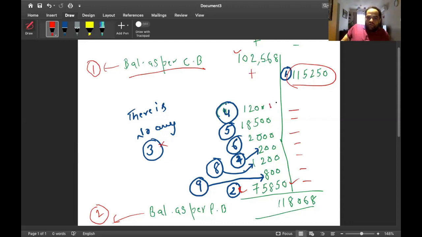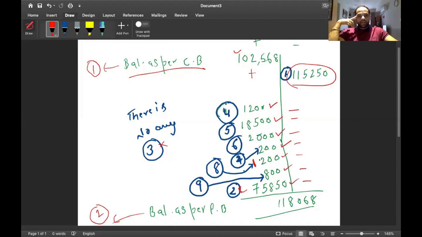So number 4 plus 5 plus 6, all about the payments for the check. And number 7, number 8, 1,200, right? Number 8 and number 9, 800, right? If you solve it, I mean, if you subtract all these numbers from your negative number, then of course you will reach the balance as per passbook, right?